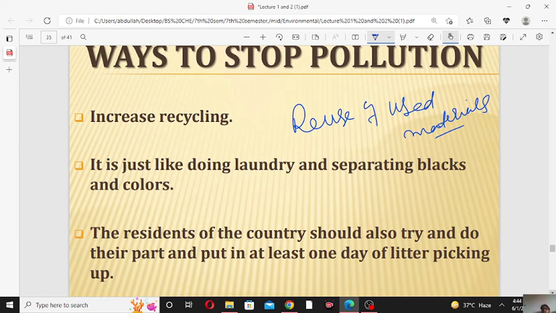We can reduce air pollution with the help of afforestation. So there are various ways by which we can reduce soil pollution, air pollution, noise pollution, and land pollution. This was just an introduction to noise pollution.